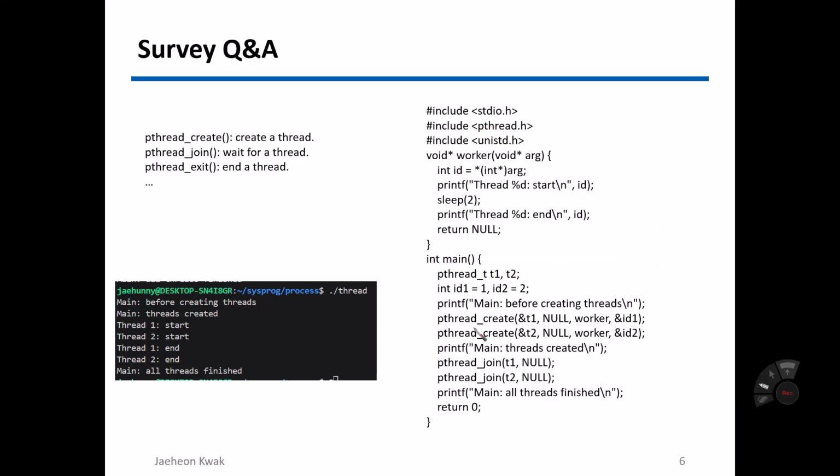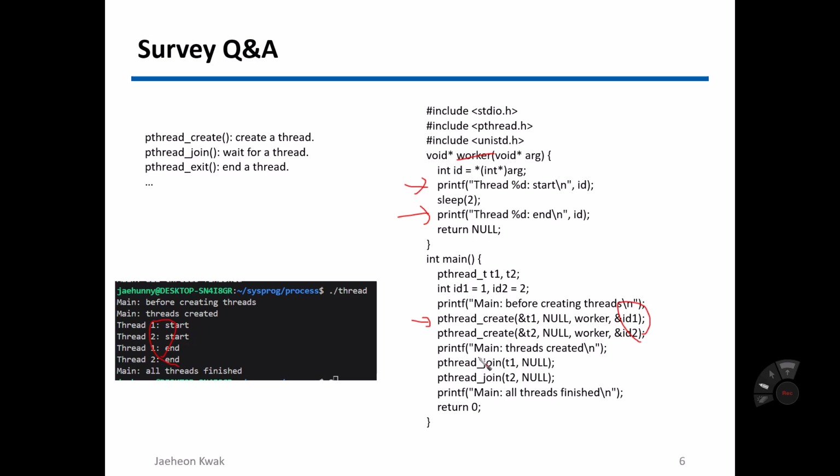To create a thread, we use pthread_create, and we have to specify the worker function. By using pthread_create, we can generate two thread workers, and they will print out these messages.